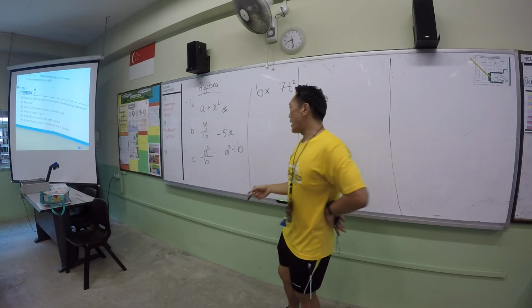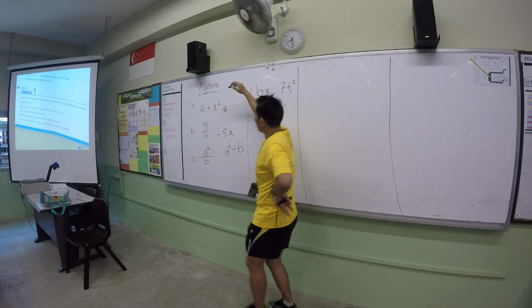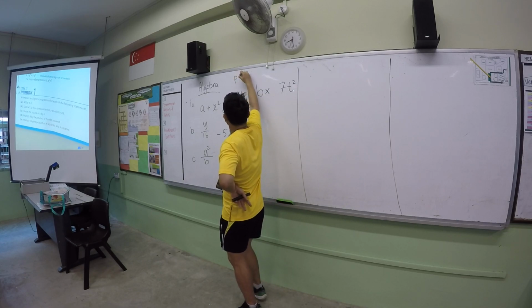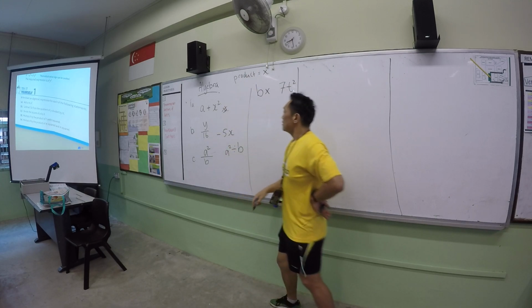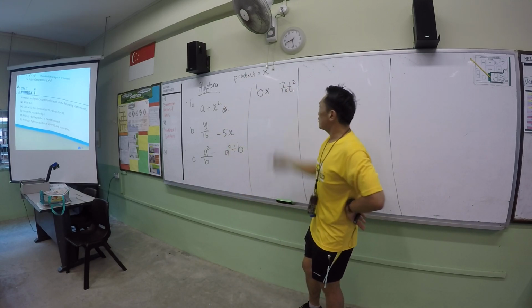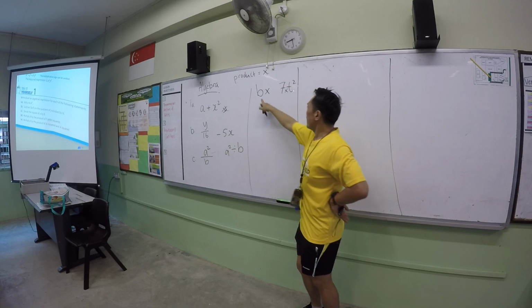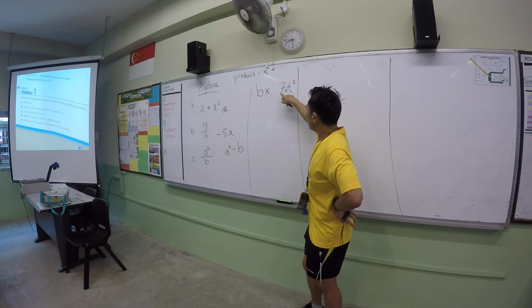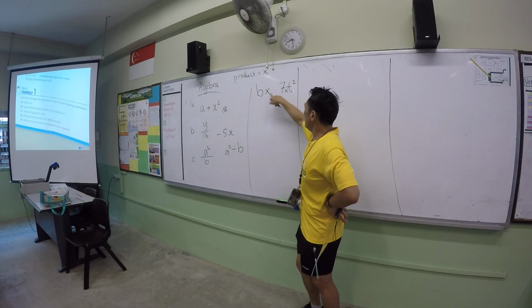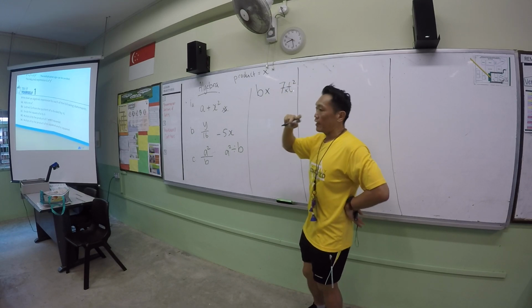Product means multiply. Okay? Maybe this part you all may have forgotten. Product is multiply. So 7 times t squared. Multiply b by the product of 7 and t squared. So b times 7 times t squared.